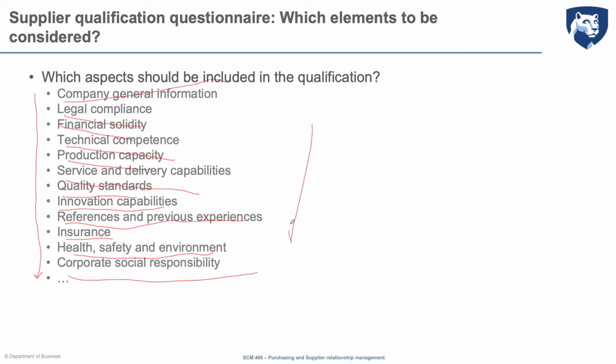So basically, your supplier qualification questionnaire needs to ask the supplier to provide information in as many areas as possible, because again, you need to be able to understand, from this quantitative and qualitative data provided, how suitable the supplier is to satisfy your future needs.